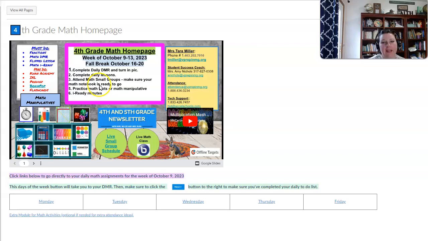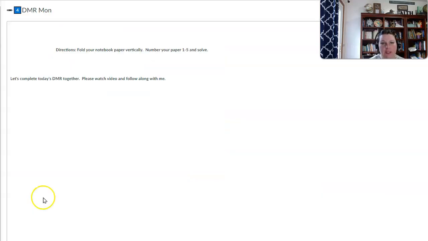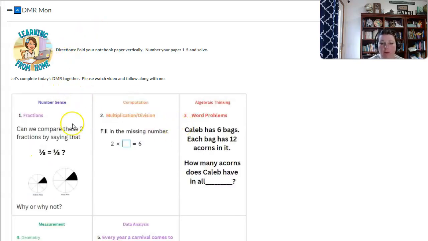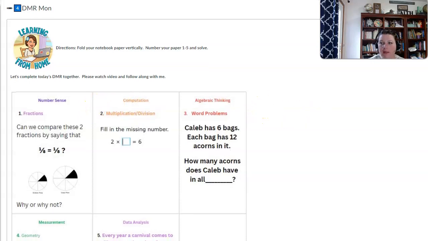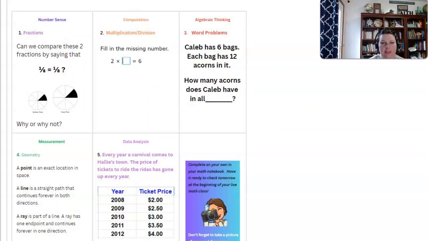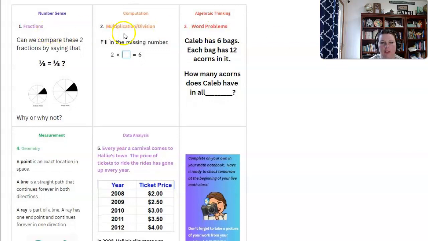Let's take a look at today's and this week's math DMR skills. So start off with your Monday tab. It should take you directly to your math DMR for Monday. For number 1, I see fractions, 2, multiplication slash division, 3, word problems.